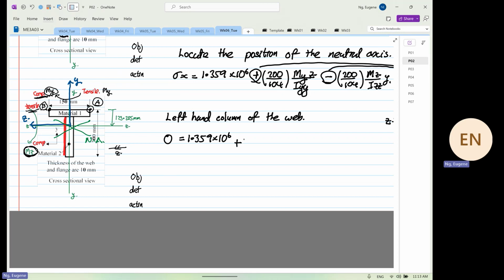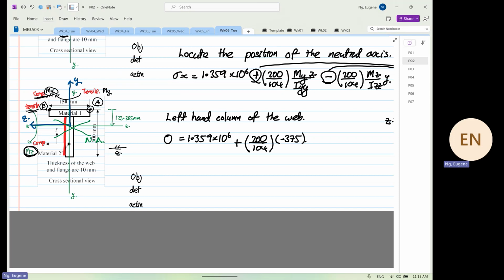So over here, you still put positive 200 multiplied by 10^4. Now, moment about y is minus 375. Any idea why? We're applying the formula now.